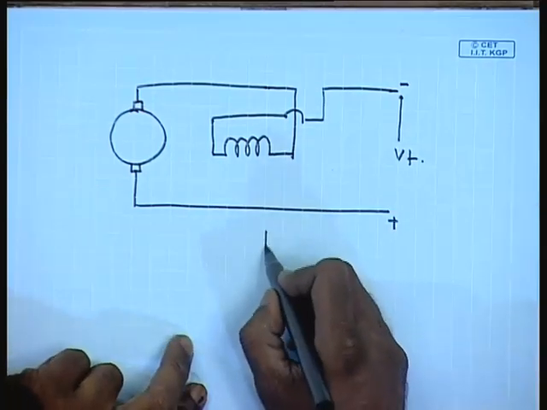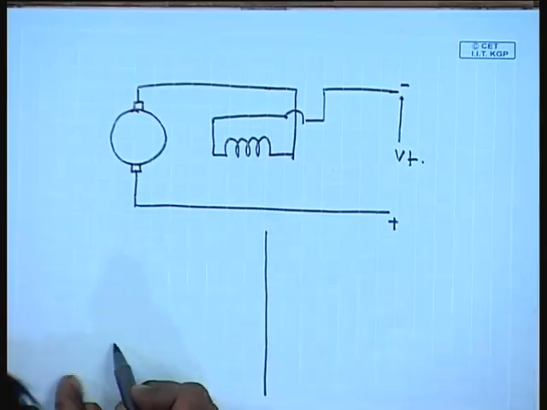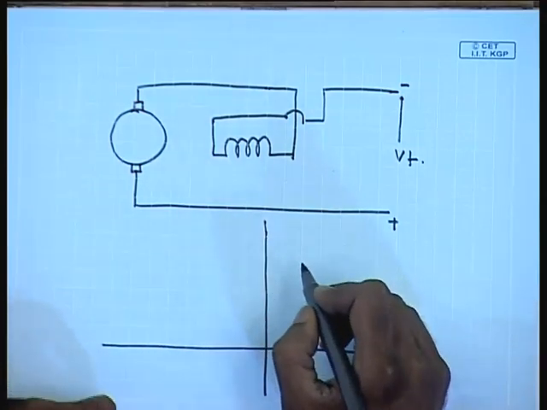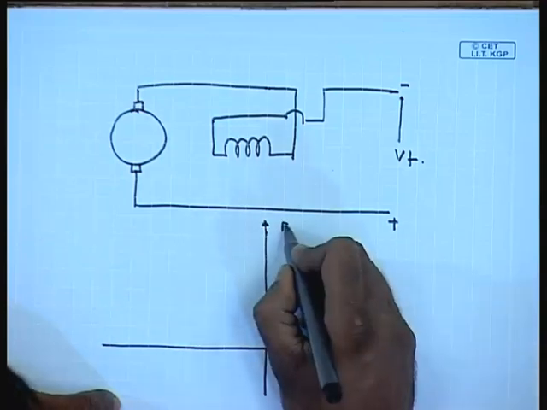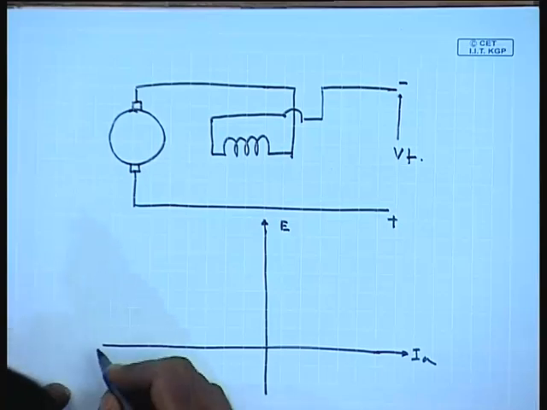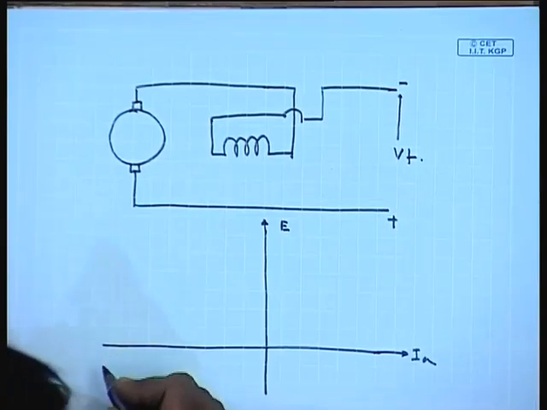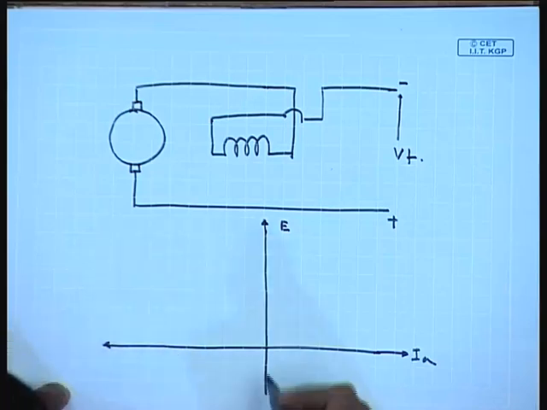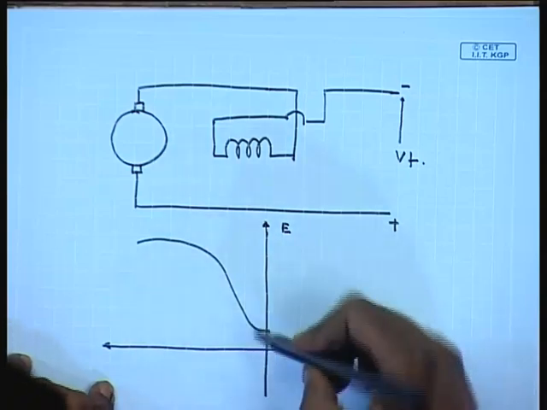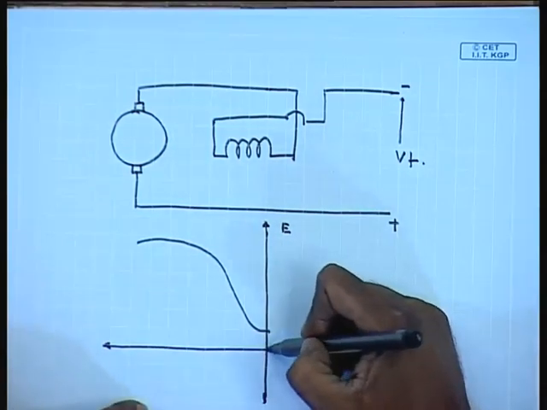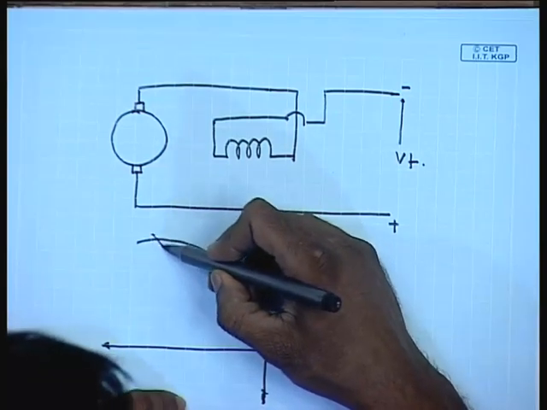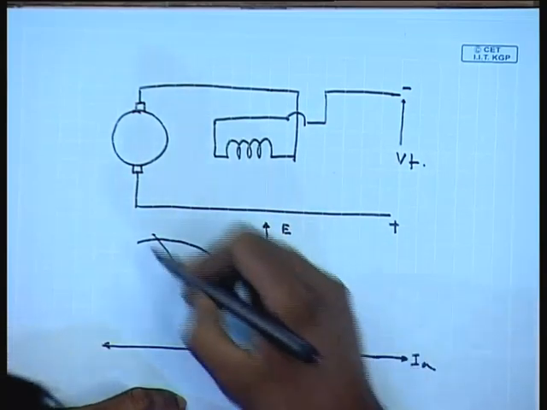So, now this will be the magnetization characteristic, and the load line, with now the applied voltage not 0 but a negative value. So, this will be the load line, hence this will be the operating point.